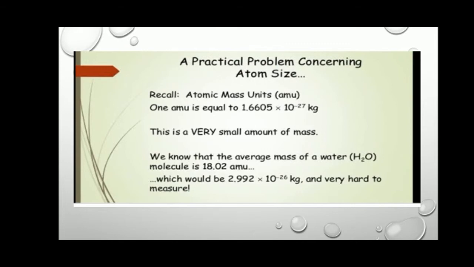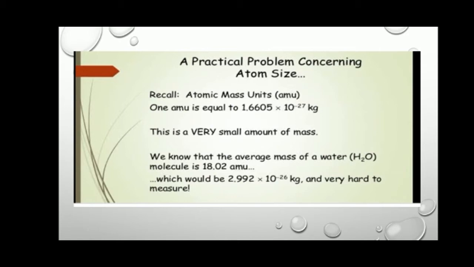Let's take a practical problem concerning atomic size. And for that we are recalling atomic mass unit, AMU. 1 AMU is equal to 1.66 multiply 10 to the power minus 27 kg. This is a very small amount of mass, isn't it?